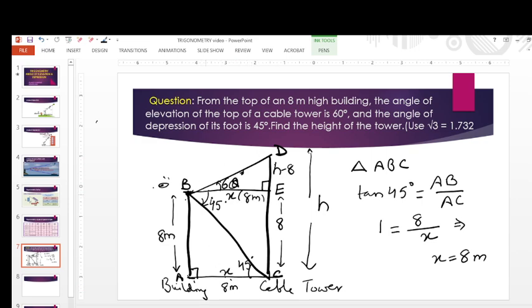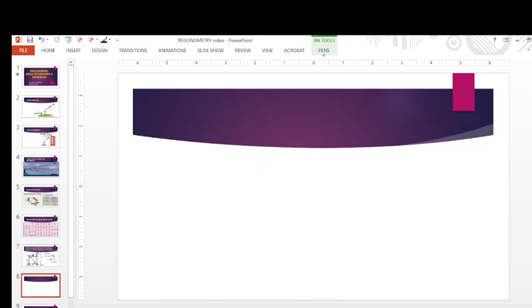Now we will apply tan 60 here in this right triangle BDE. Tan 60 is, again, opposite upon adjacent. Instead of x we'll take 8 and we can find h. Let's come to the next slide. Now consider triangle BDE, and in this triangle we can take tan 60.